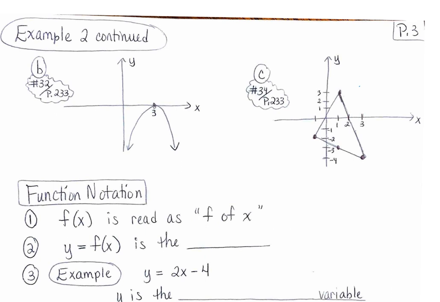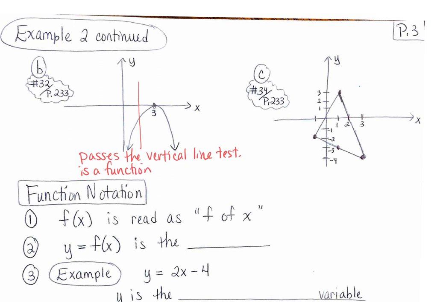So if you take a vertical line, this is me just drawing this for the purpose of saying, okay, if you pick this red line up, move it to the left or to the right, it does not cross this more than once. So it passes. This passes the vertical line test. Is a function.